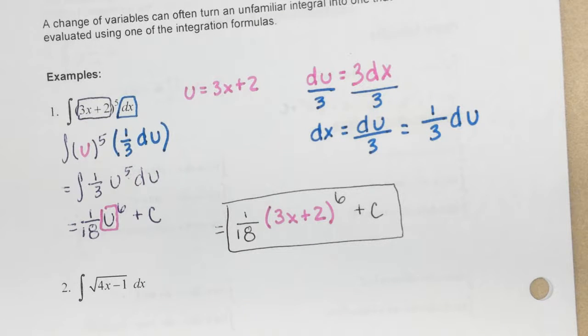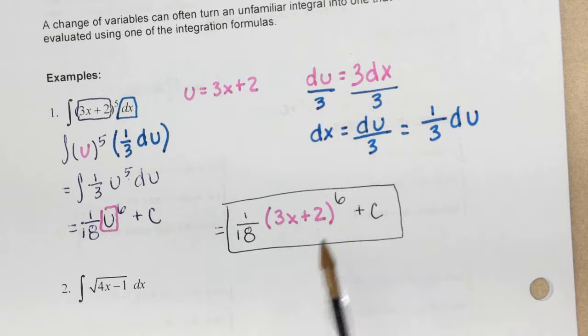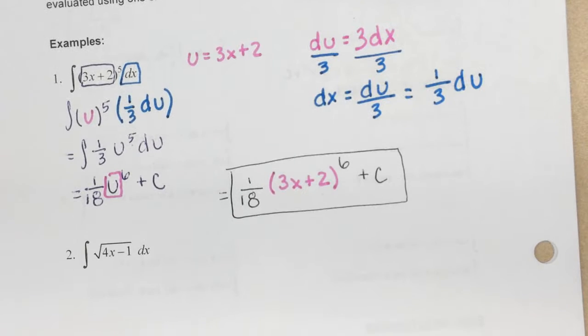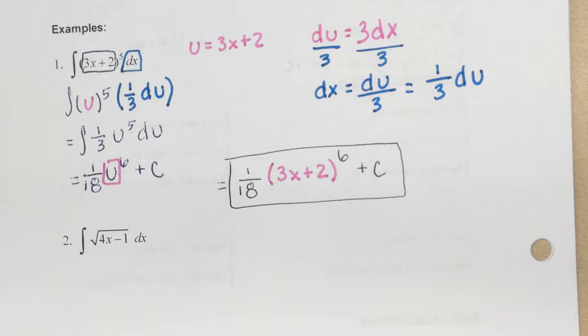I just want to make sure that at the end of this I'm putting back my u, because my original problem was in terms of x. I want to make sure that I am completing the problem in terms of x. Okay, let's do another one.